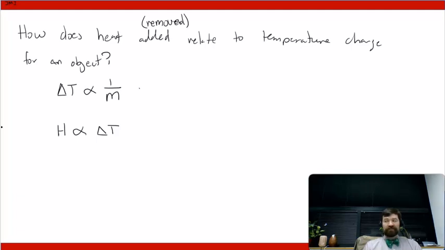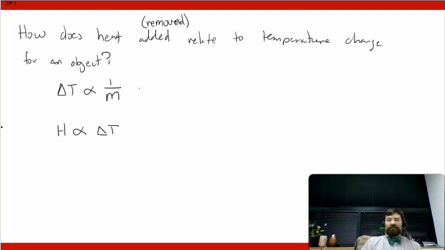If I have a small window unit and I run it, and then I replace it with a much larger window unit, the larger unit is able to remove more heat from the room in the same amount of time, and we notice that the room ends up being much cooler. So more heat removed means a bigger temperature difference. And the same is true if we go the opposite way and say I have a little space heater versus a very big space heater, or a little fireplace versus a big fireplace.